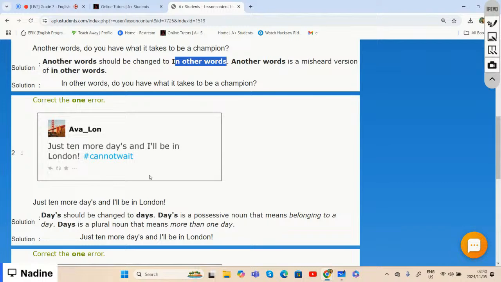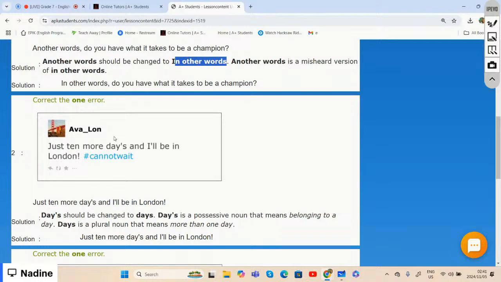If we choose the correct error, then "day's" is our error. Because if they say "10 more days," it's supposed to be plural, without the apostrophe. Once we have the apostrophe in there, it means we are showing possession, belonging to the day, like saying "the day's."